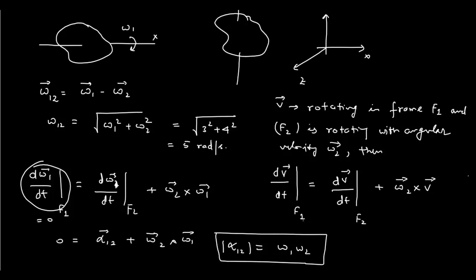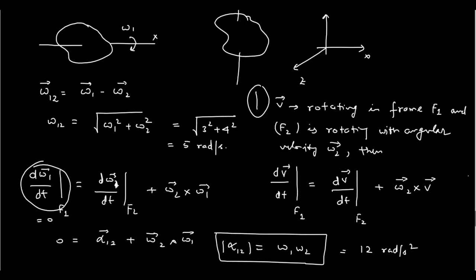Clear? Now omega 1 is 3 and omega 2 is 4, so from here we get 12 radians per second squared. So this is the first approach for solving such problems for relative angular acceleration.